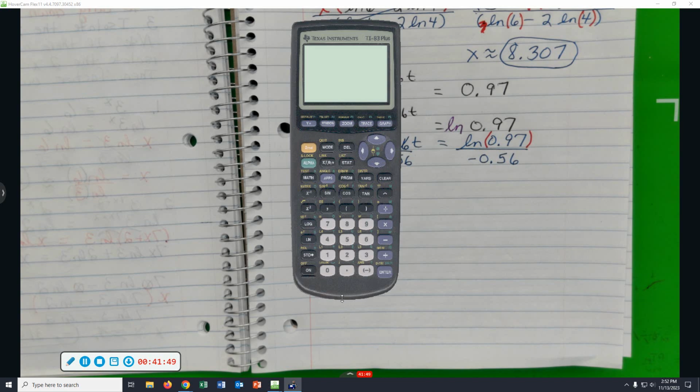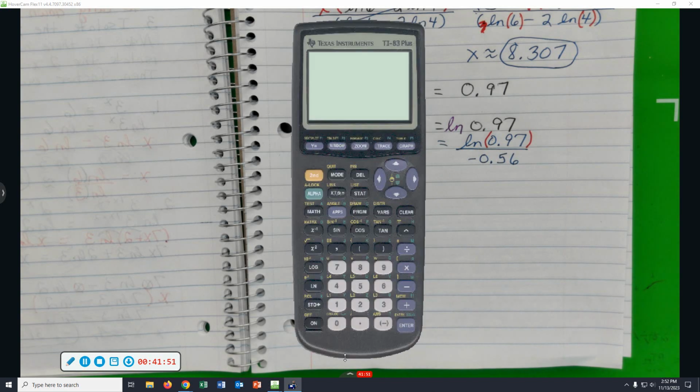I should have made that calculator a little bigger. ln 0.97, close parentheses, divided by negative 0.56. Of course, if you don't want to type in the 0, just the .56, that's fine.